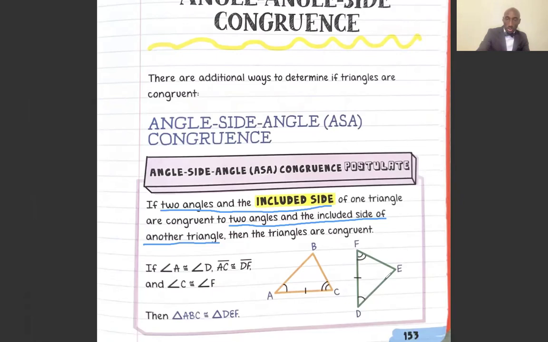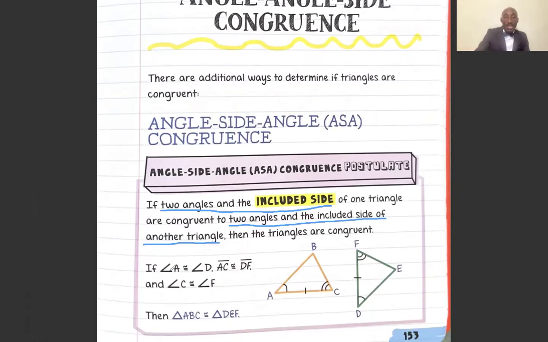Small arc or one arc, no arcs, two arcs. So triangles ABC and DEF are congruent based on the angle side angle congruence. There's one angle, the side adjacent to it, and the other angle adjacent to that, which is congruent to an angle, included side, and a following angle in the other triangle.